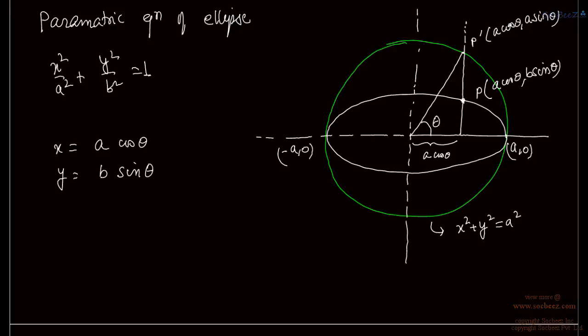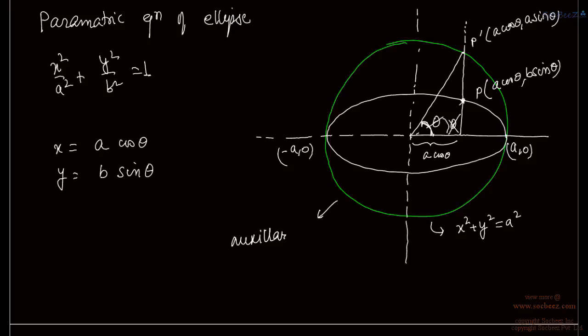theta is the angle made at the point P dash on the circle. It is not this angle. Theta is this angle. Okay, remember this. This circle is called the auxiliary circle.